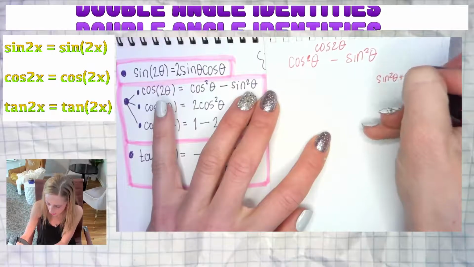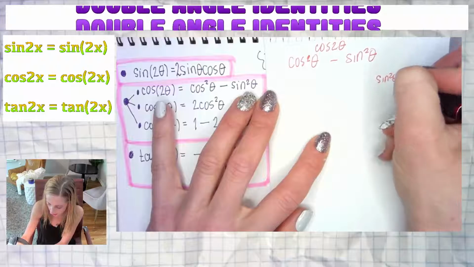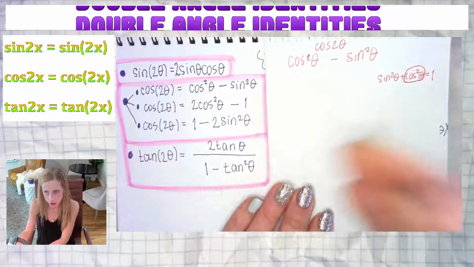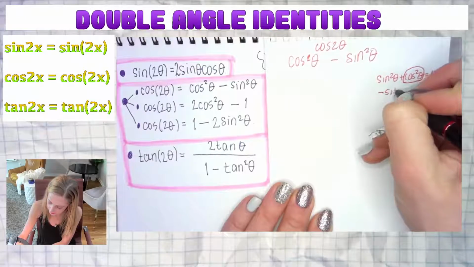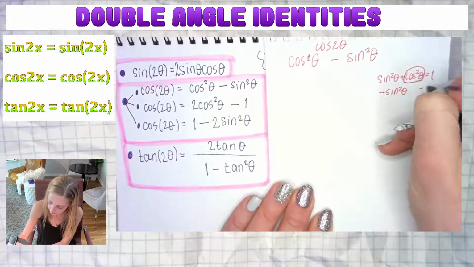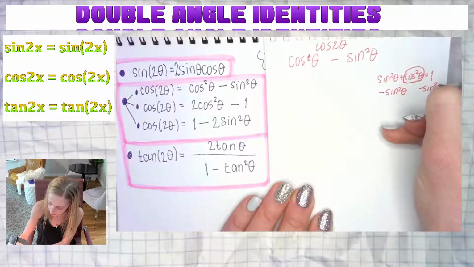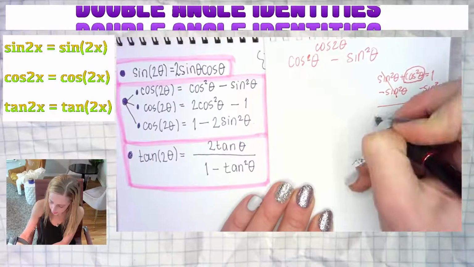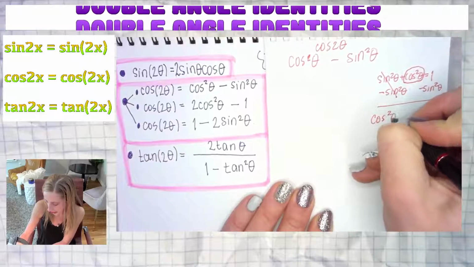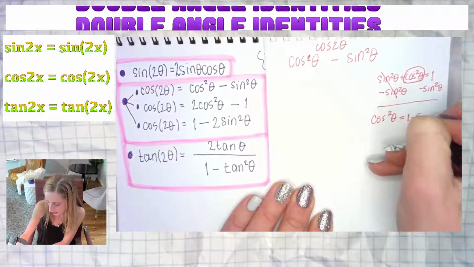This time, I'm going to get cosine squared theta alone and use substitution and make it all sine. That means we'll subtract sine squared theta from the left, subtract sine squared theta from the right. What are we left with? Cosine squared theta equals 1 minus sine squared theta.